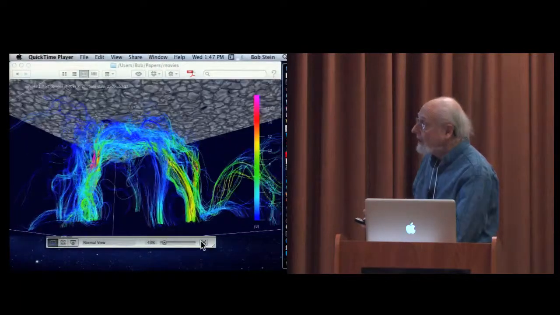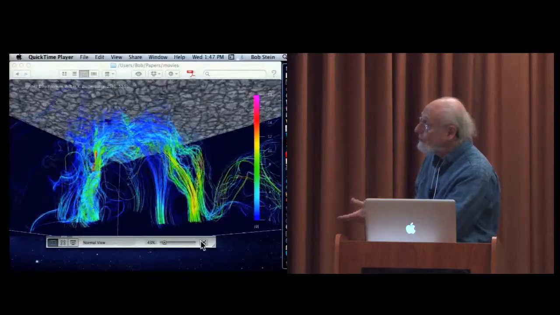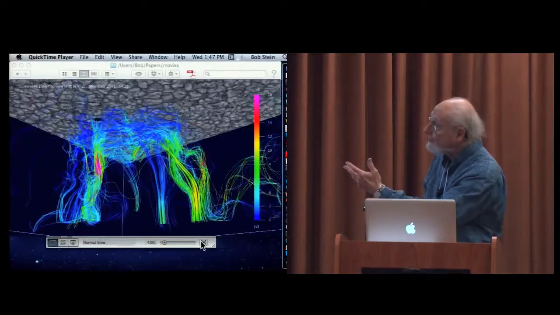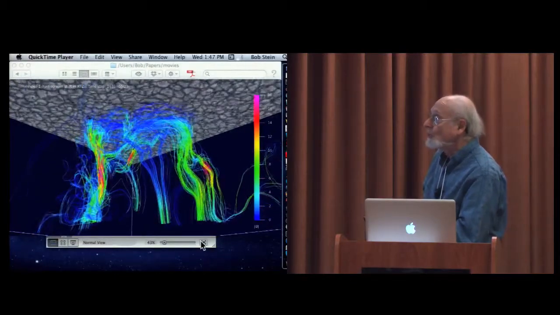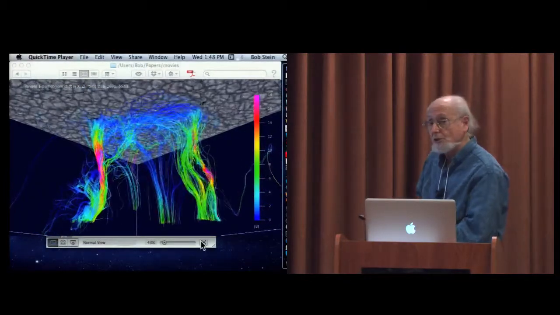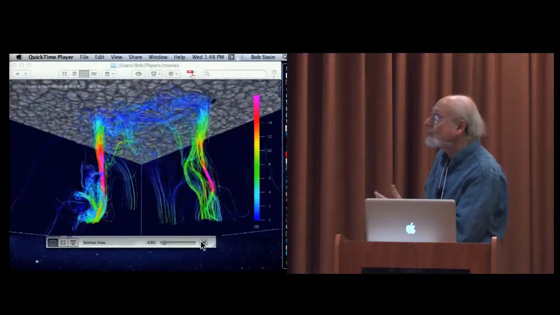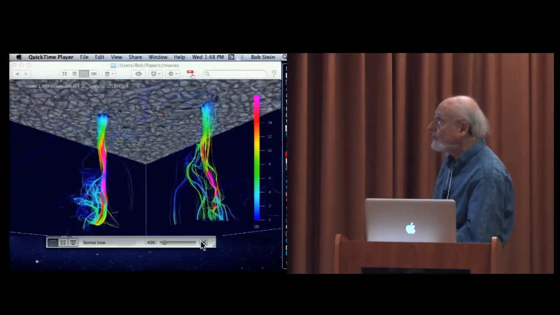But as the loop emerges up through the surface and moves up into the atmosphere, what you're left with are the legs of this loop, which have the opposite polarities, and so you're left at the end with just the opposite polarities of these loops.